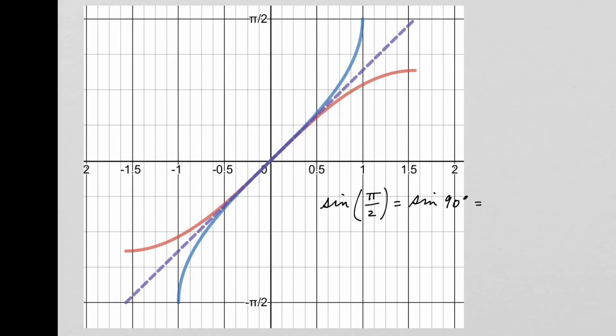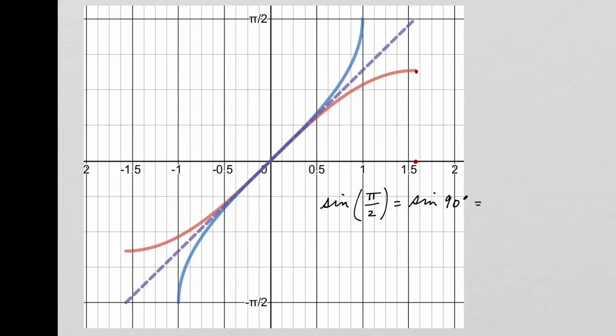Well, pi over 2 is like 3.14 divided by 2, so it's like 1.6 something, so it's like right here. That would be the input. And what's my output? Well, it'd be this value right here, which is equal to 1, right? This value should be exactly 1. So this is going to be equal to 1.